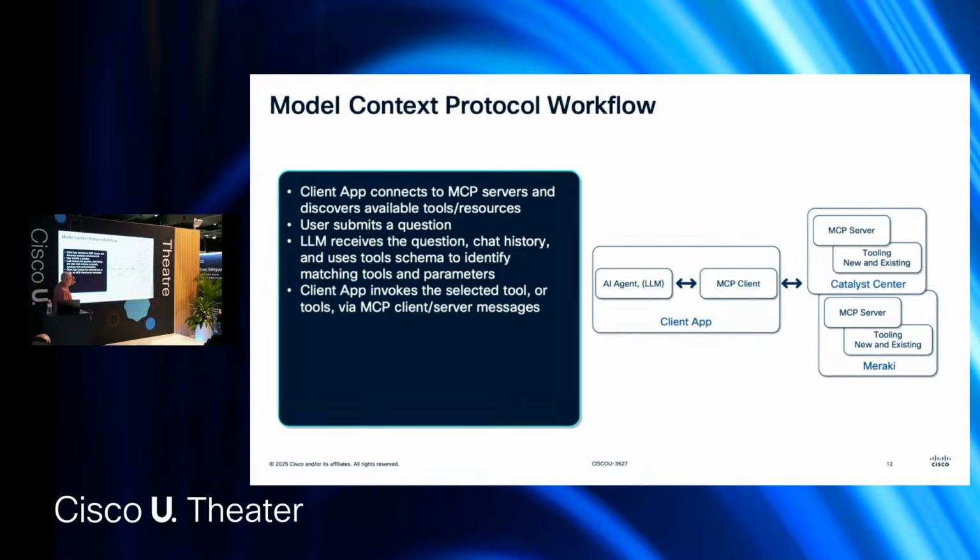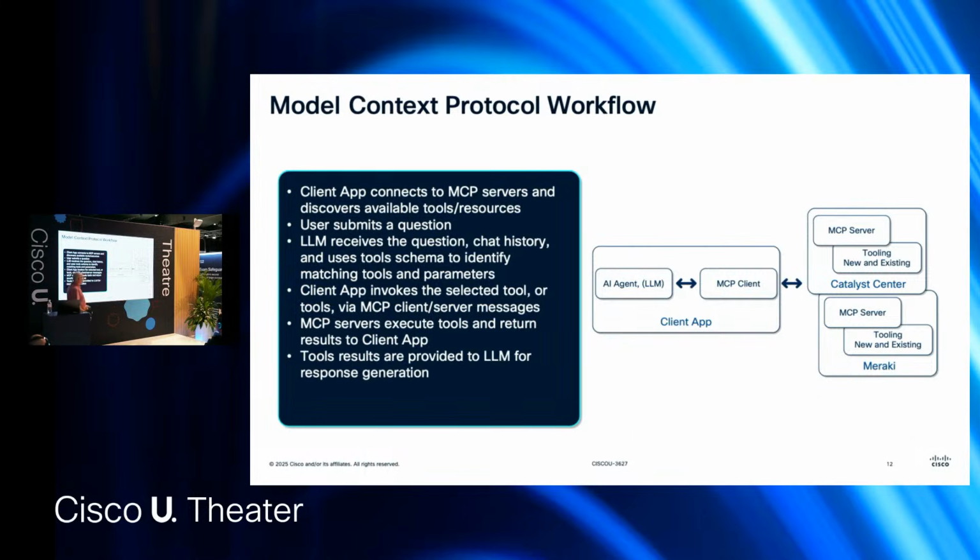Then the client will send that request to run these tools that are hosted in the MCP server, and the MCP server will execute the tools and return data to the client app. These tools, you are going to see, could be API calls, could be code that the MCP server is running, could be searches, could be looking through API documentation or documentation of how to configure infrastructure.